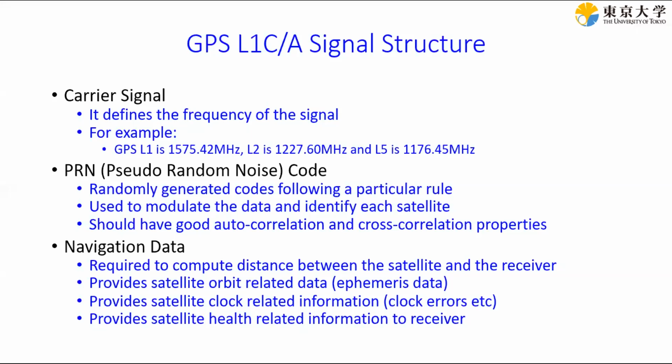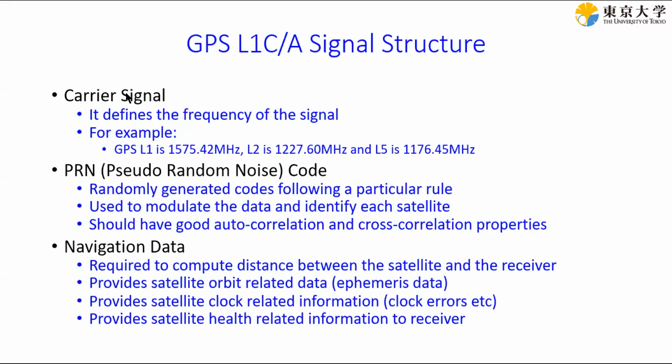For example, GPS L1CA, and there is L1C, L2, L5, L6 in QZSS, and Galileo calls them E1, E5, E6, and IRNSS has L5 and S-band, and Beidou from China has B1, B2, B3, and so many. So there are a lot of signals, but the very basic signal is GPS L1CA, and this is the base for many other satellite systems.